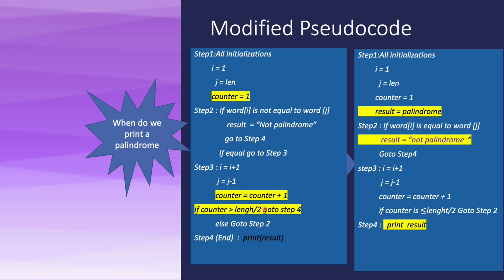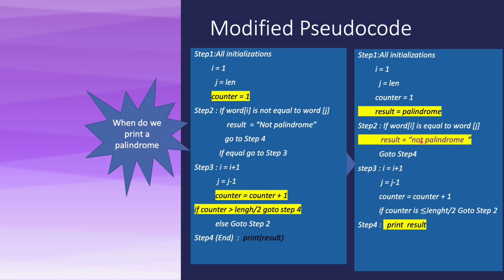So here we can do that. But there is a better way for us to do this, and this is something which is used in a lot of similar examples. We start with a positive case. So we can say that the result is a palindrome until and unless we negate that.